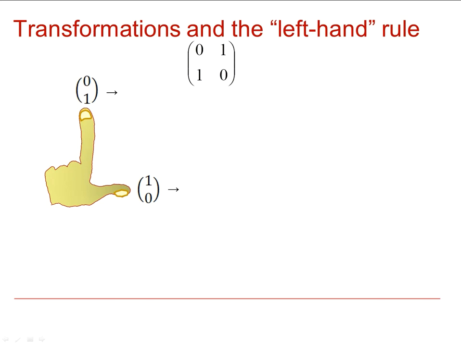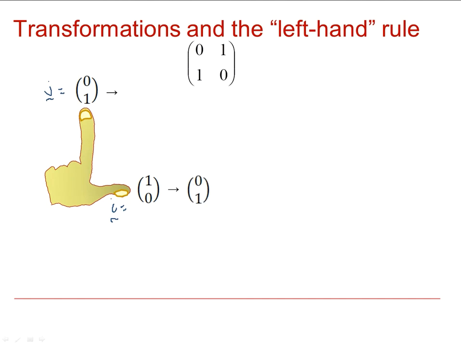These are what are called the unit vectors i and j. So i is the vector (1, 0), and j is the vector (0, 1). These are vectors of 1 unit long from the origin. The transformation matrix tells us where those vectors are going to end up when we do the transformation.